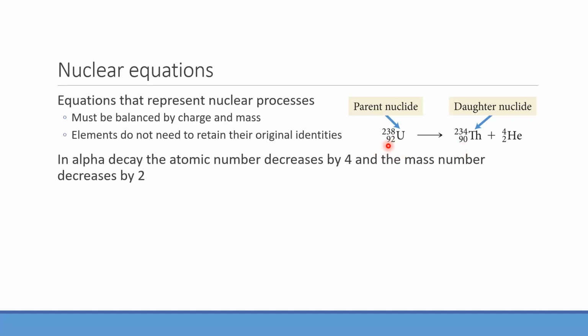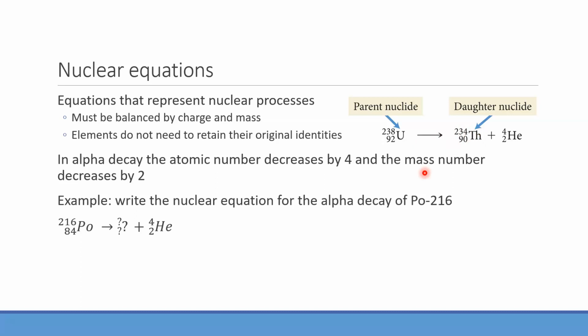So you'll notice that's backwards. The mass number decreases by 4 and the atomic number decreases by 2. I apologize for that typo. I will fix it on our slides. So if we're going from 92 protons to 90 protons, we have effectively changed the identity of this atom.